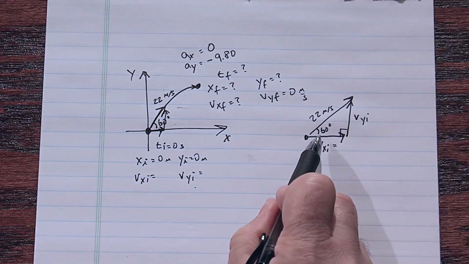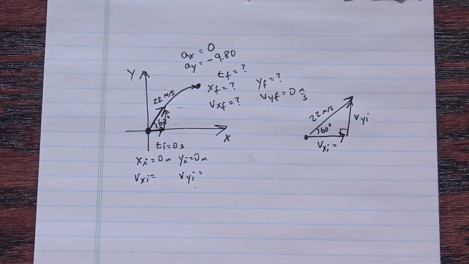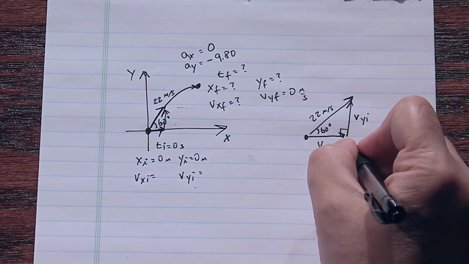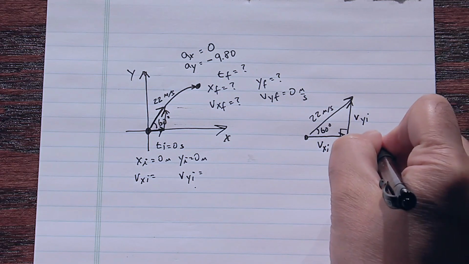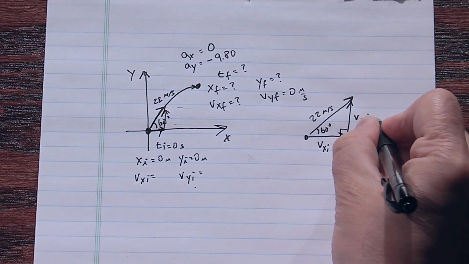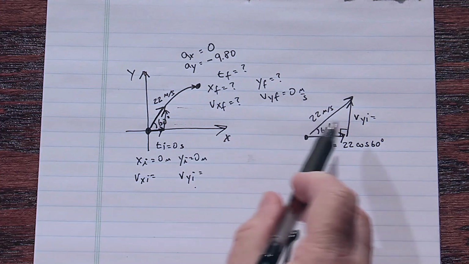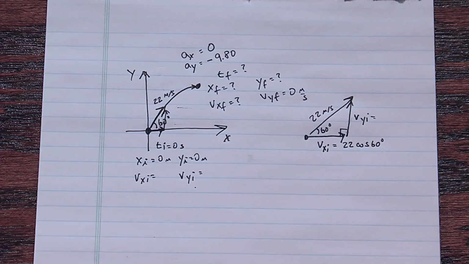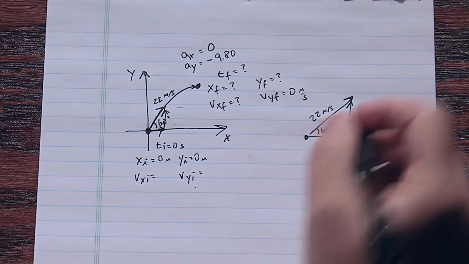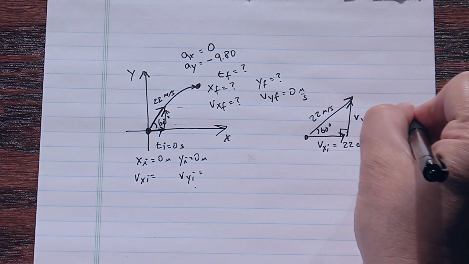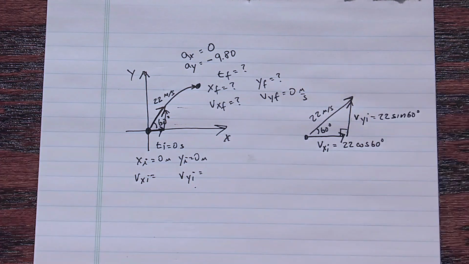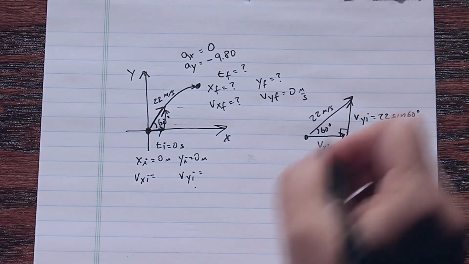Vx initial is adjacent to the 60-degree angle, so it's going to be our adjacent side. So we know that Vx initial is going to be 22 meters per second times cosine of 60 degrees, and Vy is opposite our 60-degree angle, so we know Vy is going to be 22 times sine of 60 degrees.